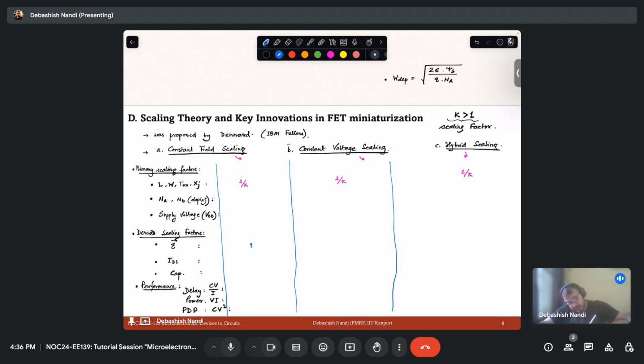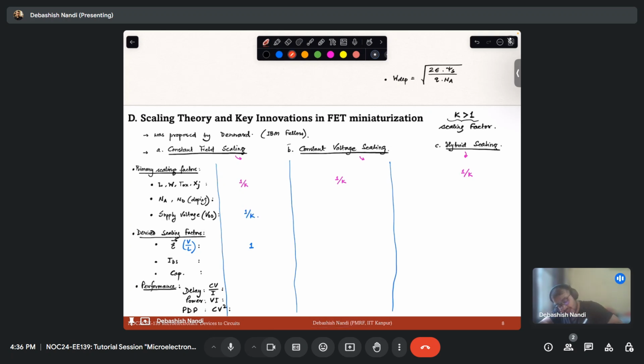Your field is not scaled in this case. So your dimension is scaling. Field is voltage by length, so voltage has to be scaled by 1 over k, right?